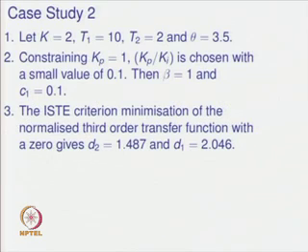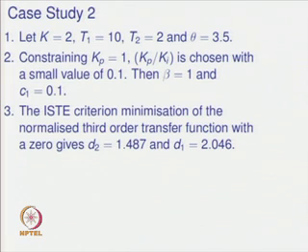Now, I will go to a specific transfer function of the process which has the steady state gain 2, the time constant T1 as 10, the second time constant T2 as 2 and theta equal to 3.5.